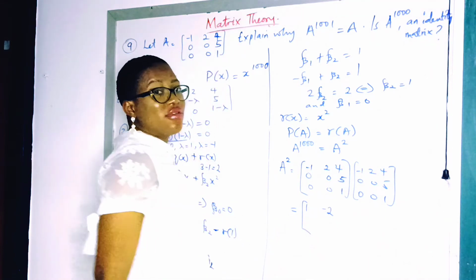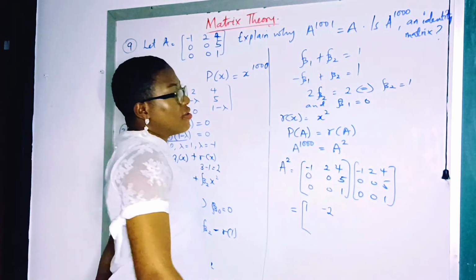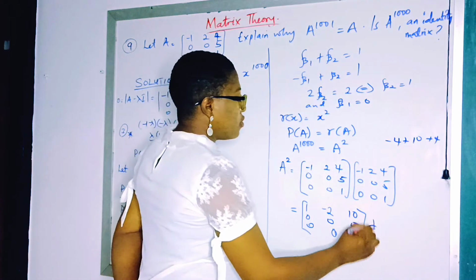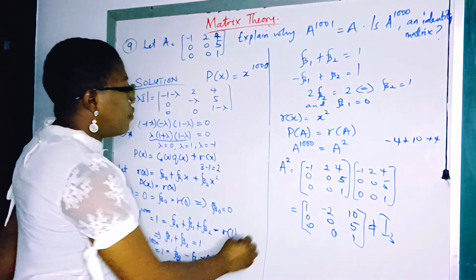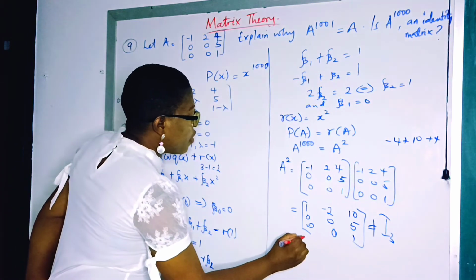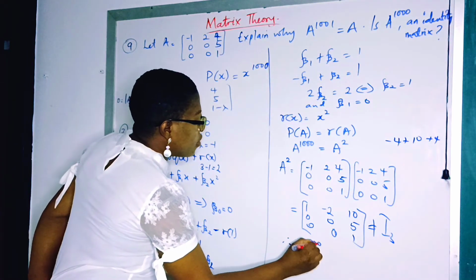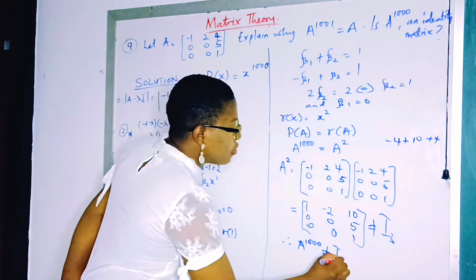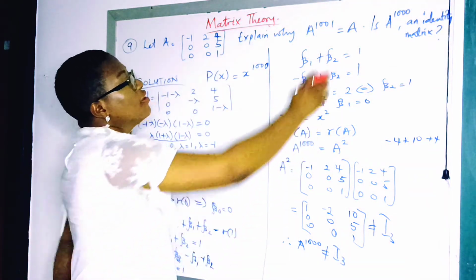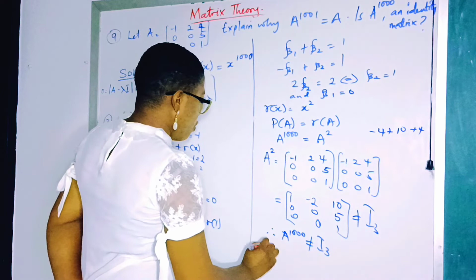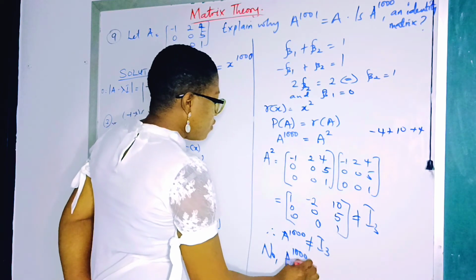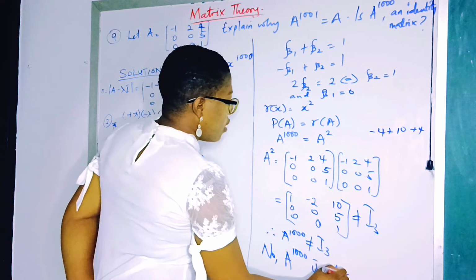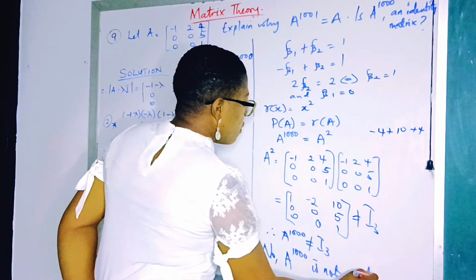So it's not going to give me the identity matrix. Therefore, A raised to power 1000 is not equal to the identity matrix. So my answer is no. A raised to power 1000 is not an identity matrix.